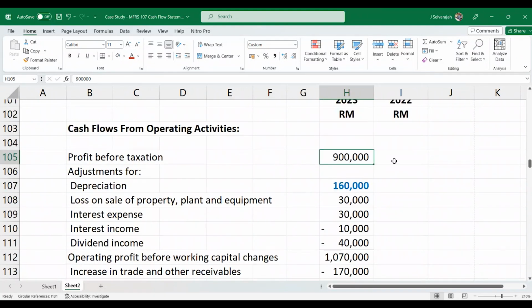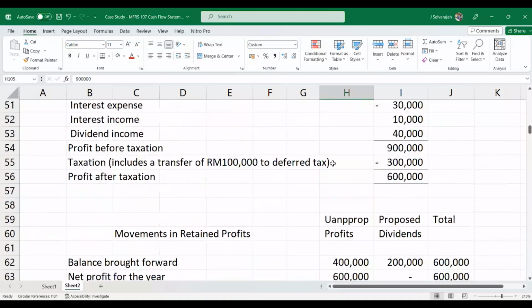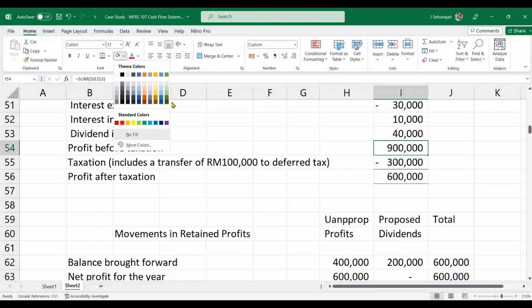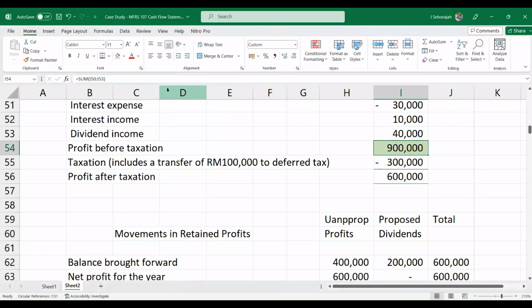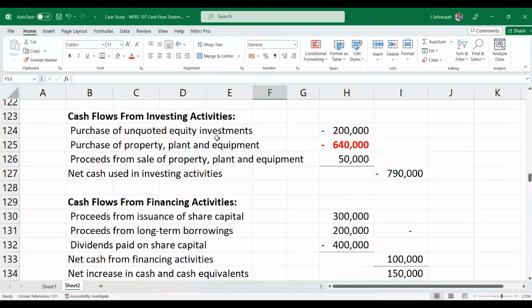So profit before taxation is 900. Where do we get that? We get that from the accounts here. All right. Profit before tax. Maybe I shall put a small shading here. Yeah. So this is the profit before tax, and we start off with the profit before tax here.